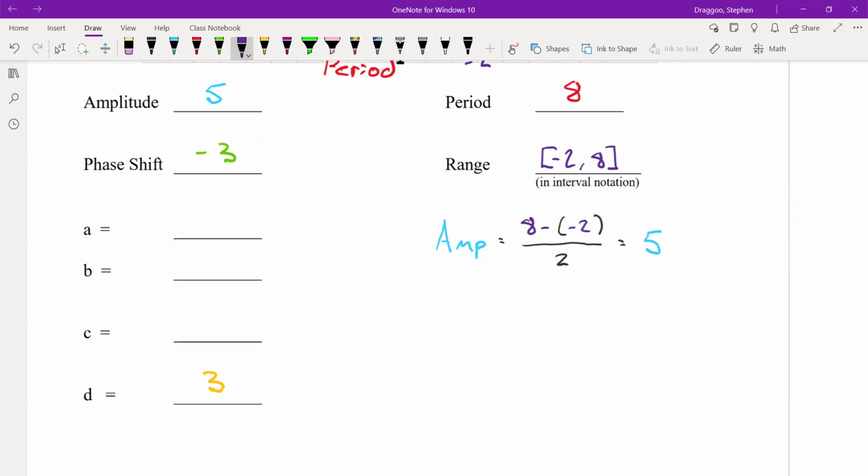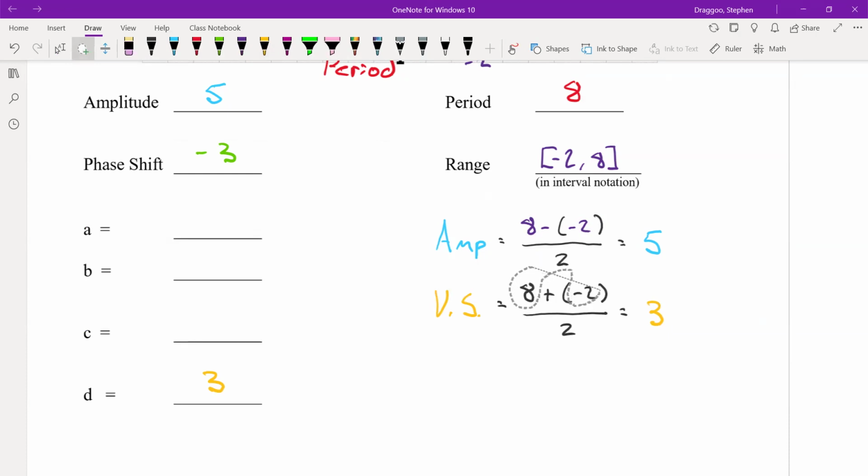Color those in purple since I got them from the range. To get the vertical shift, it looks very similar to that equation, except it's the average value between the maximum and minimum y value. So instead of 8 minus -2, I need 8 plus -2.